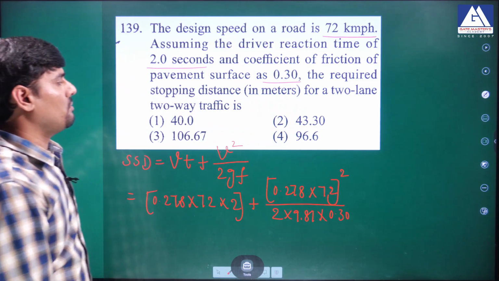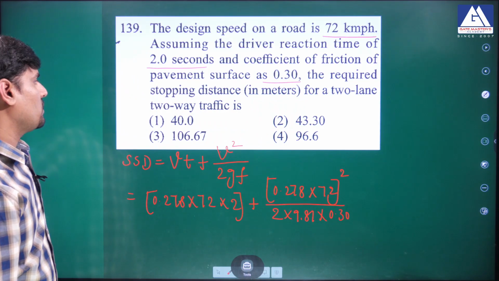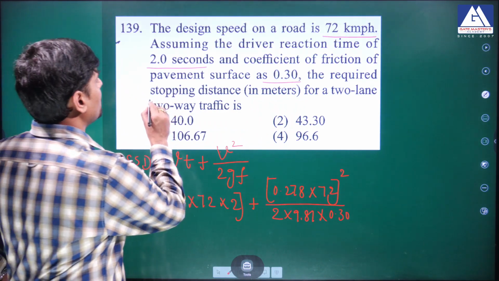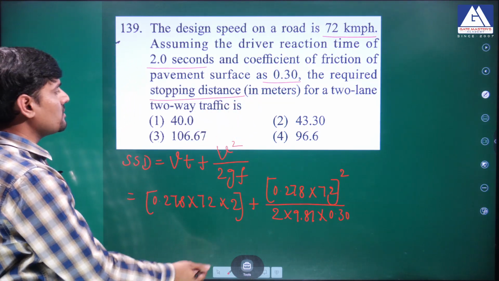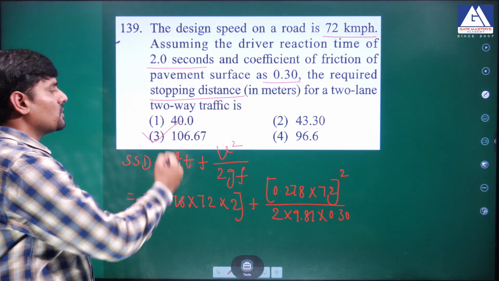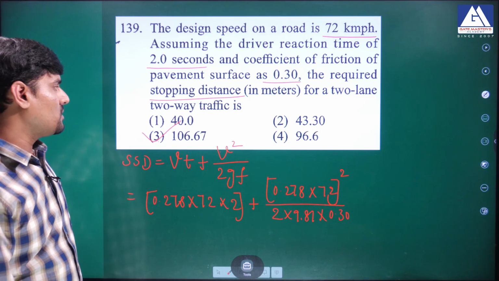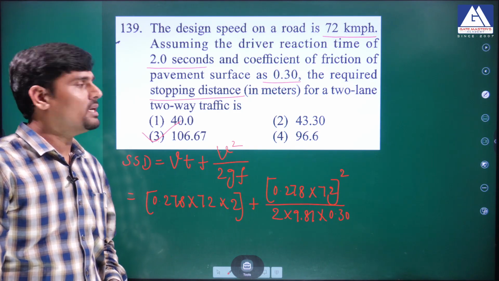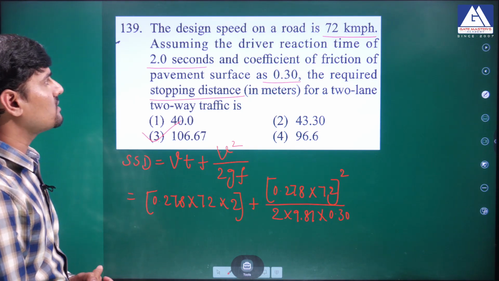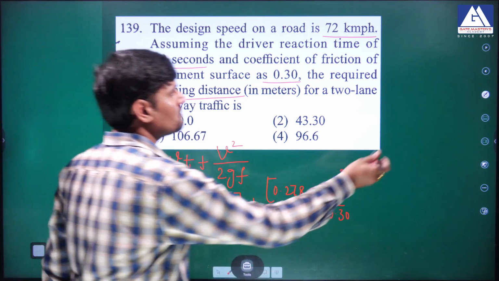Direct substitution problem. So if you solve this for the stopping sight distance required, you will get option number 3, somewhere around 106.67 meters, which is the correct option.